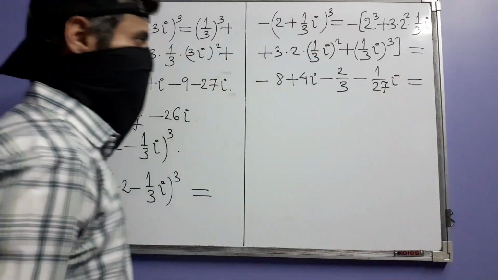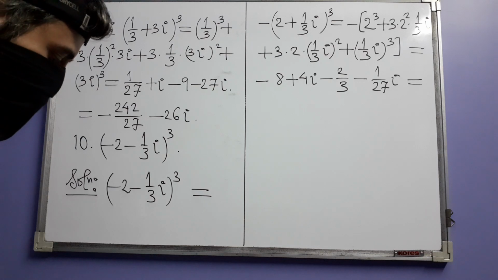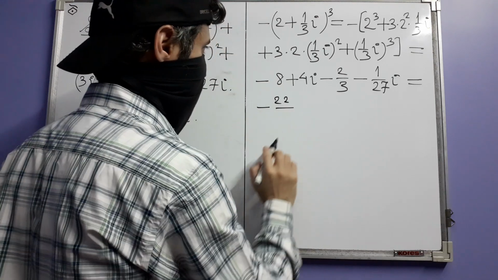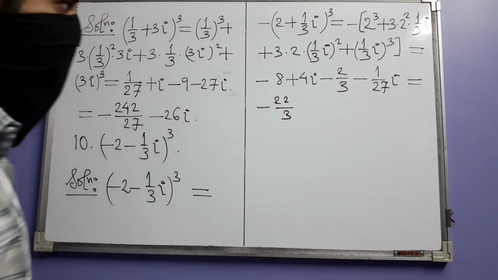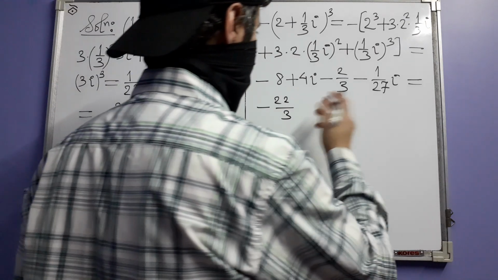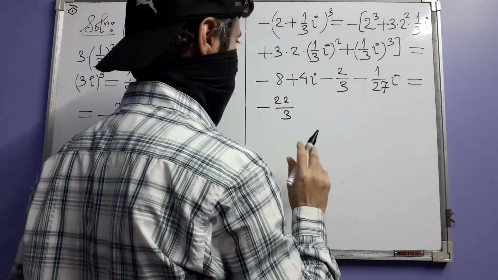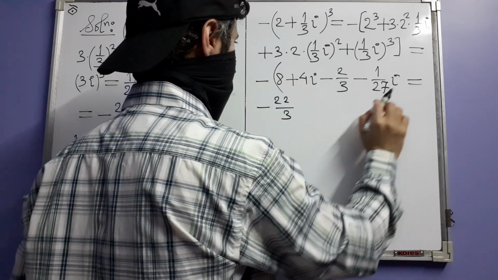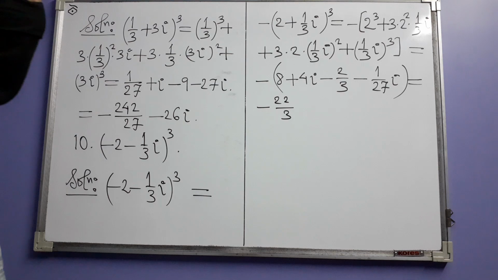And here, if you do your calculation, you will finally get what? Minus 22 divided by 3. Oh, see, I myself messed things up. See, this is what happens when we are careless. That's what I was thinking, why it's not coming. See what I did?